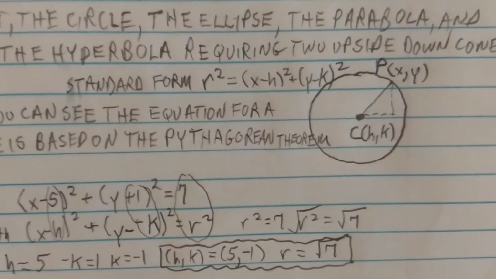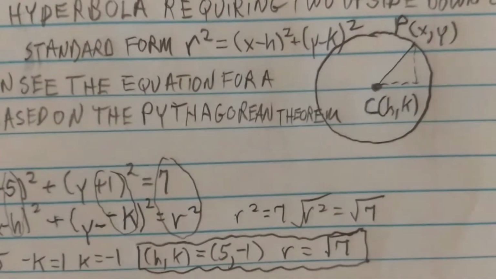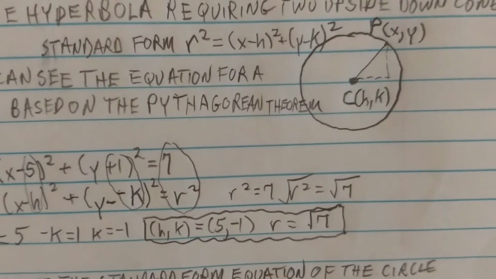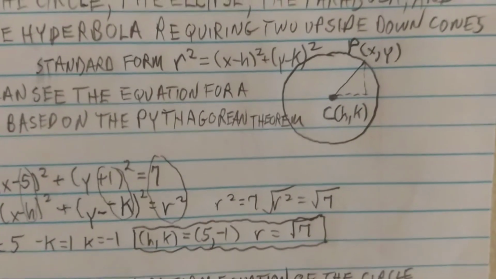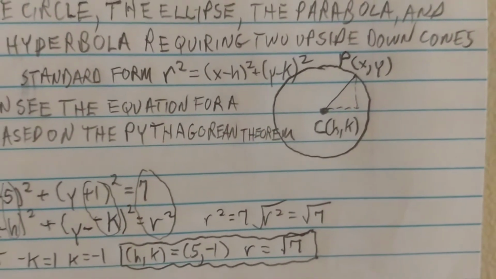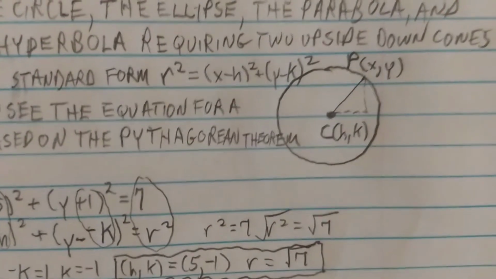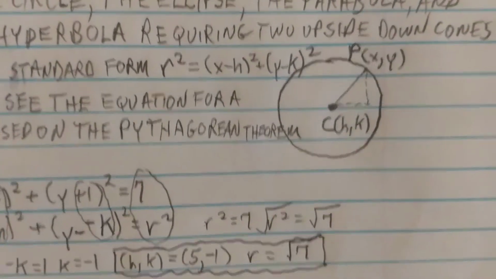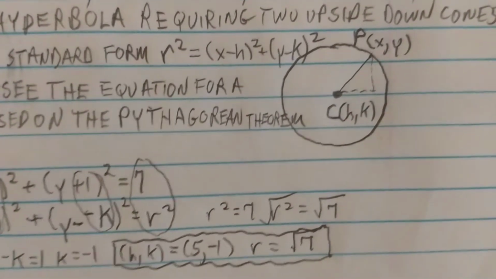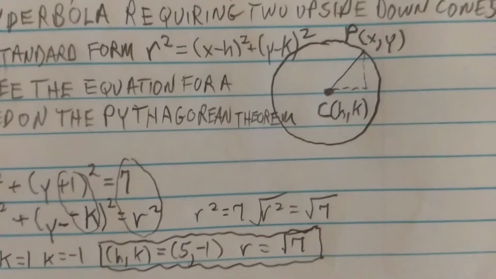Now let's look at the standard form for the circle equation, which is nothing more than the right triangle equation. So notice we have a center at (h, k) and any random point along the circle at P(x, y). Now, the radius squared, which is just the same as the distance squared, is x minus h, and notice that's the bottom part of the dashed triangle, the right triangle, plus y minus k squared.